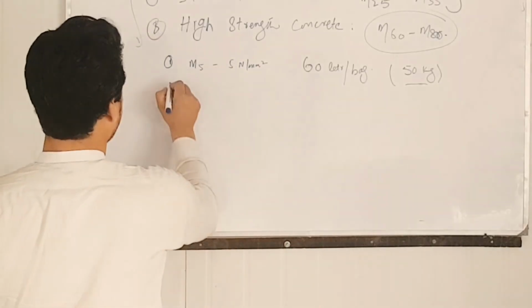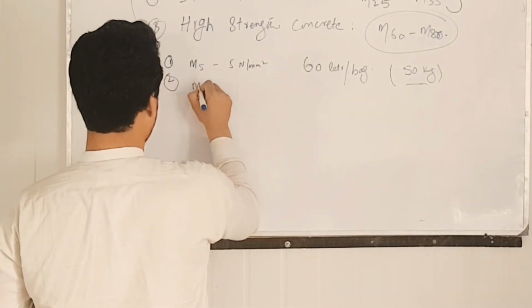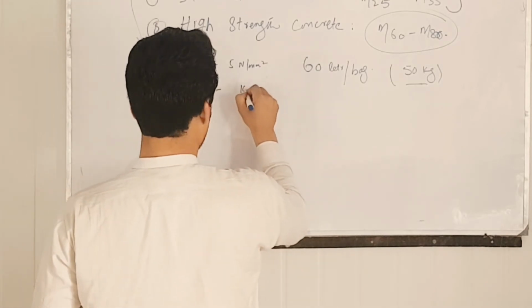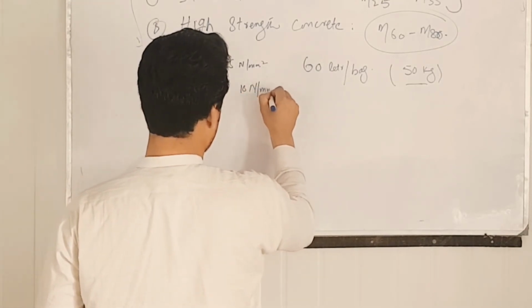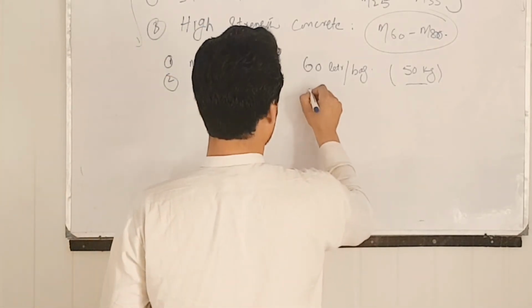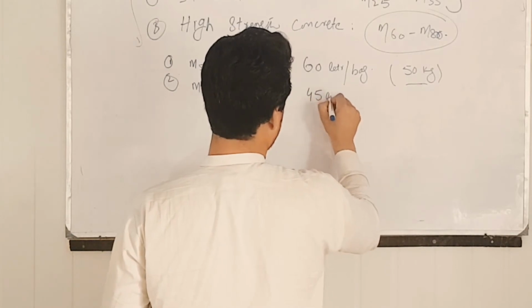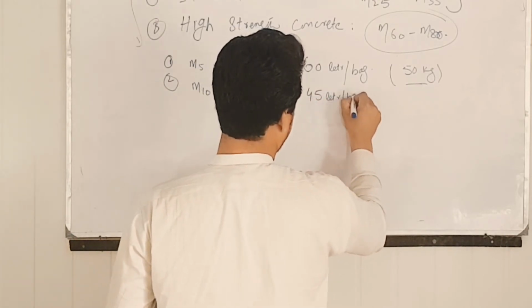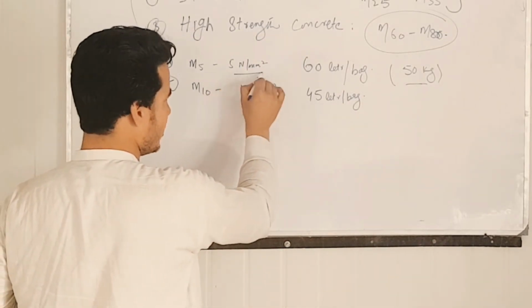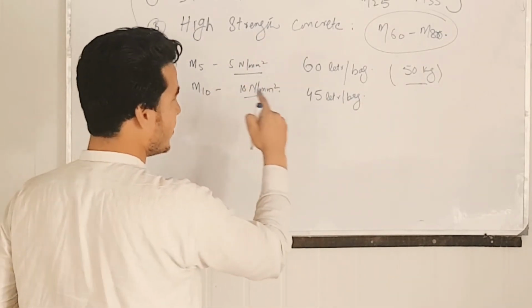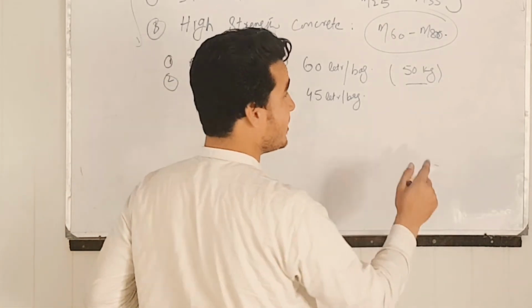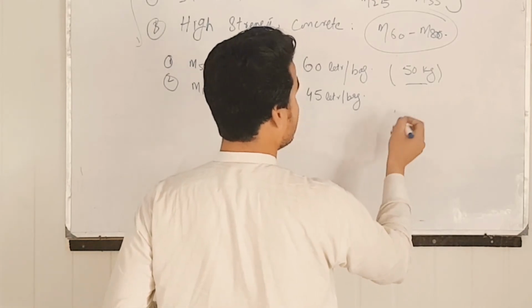Now the second value is for M10, which is 10 Newton per millimeter square. This is the strength of this concrete, and the water required is 45 liters per bag of cement. Have you noticed one thing, that with the increase in strength, the water required decreased?